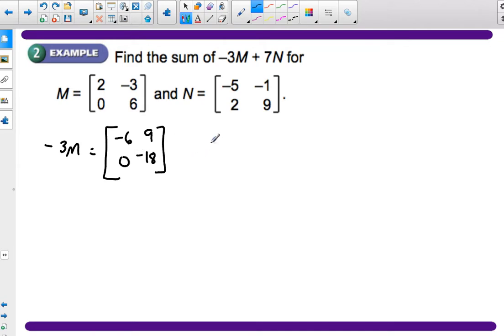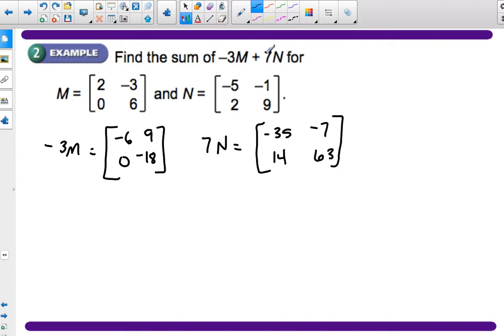And then 7n is equal to negative 35, 14, negative 7, and 63.